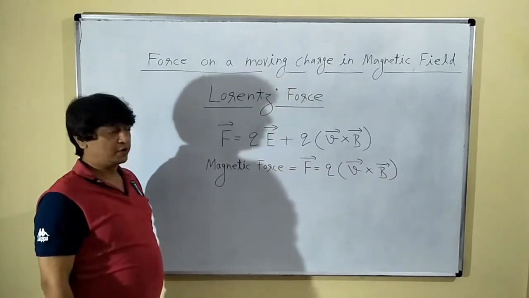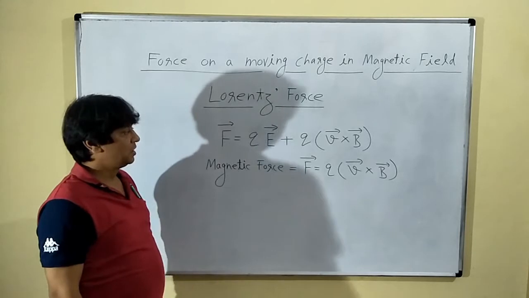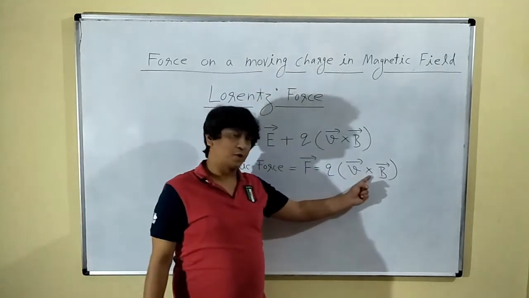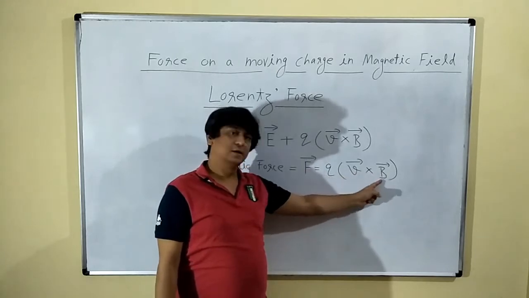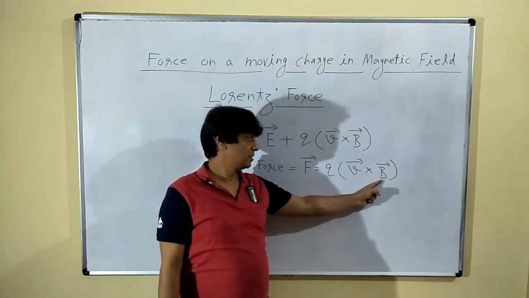The first thing you can notice is that it is the cross product of velocity and magnetic field.